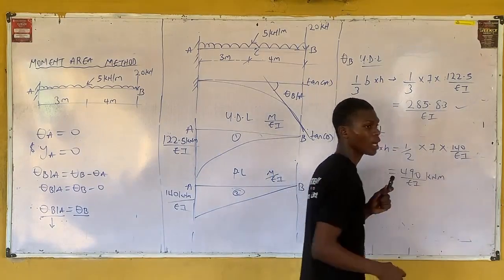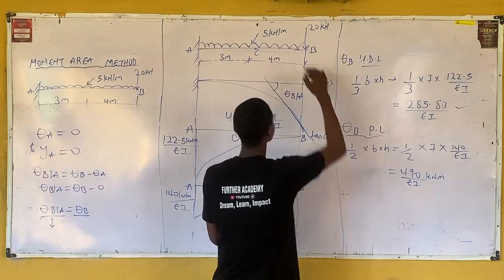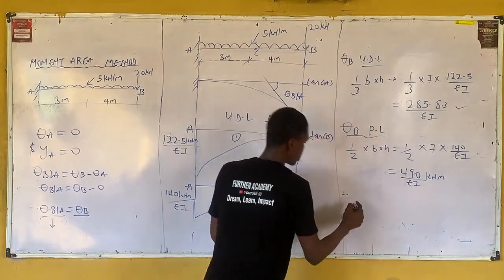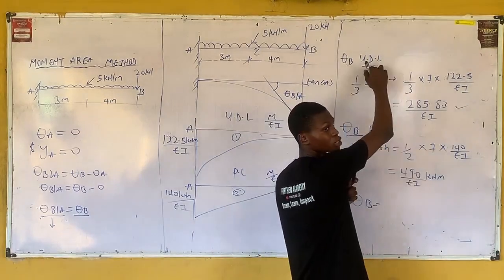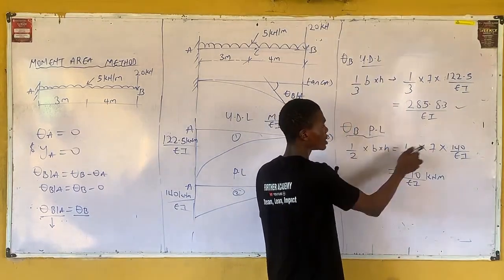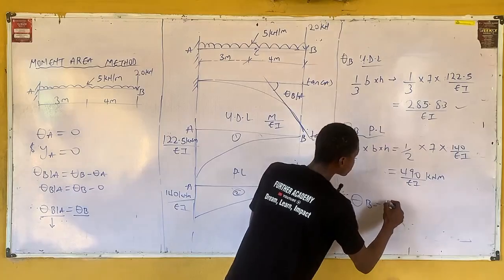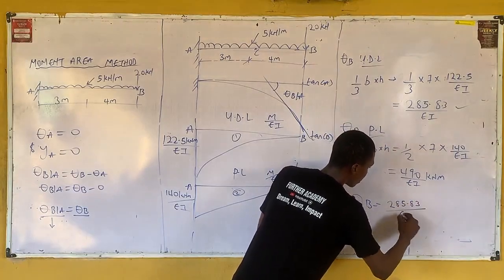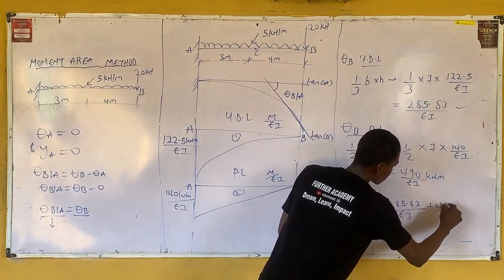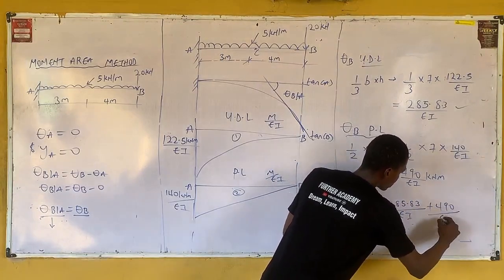kilonewton meter over EI. Therefore, for this system of loading, the slope at B becomes the summation of the slope at B due to UDL plus that of the point load. So that becomes 285.83 over EI plus 490 over EI.